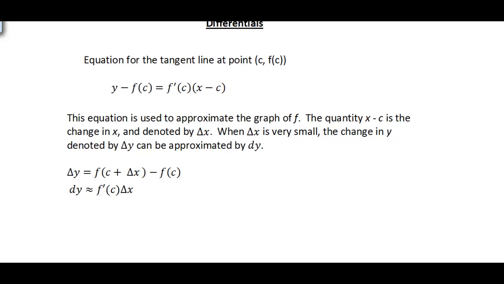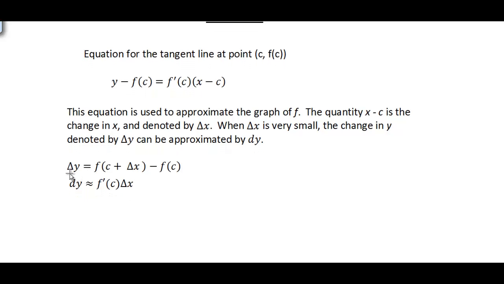And today we're going to look at how we can approximate this actual change in y, the delta y. We can approximate that with dy, which is our differential. This is our differential dy, and it is approximately equal to the derivative f prime of c multiplied by delta x.